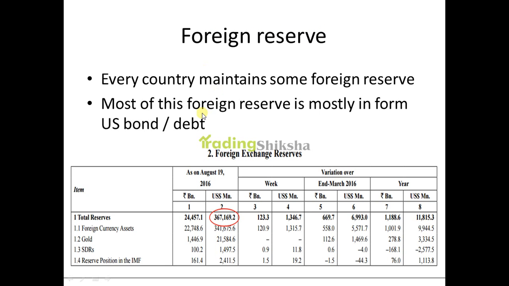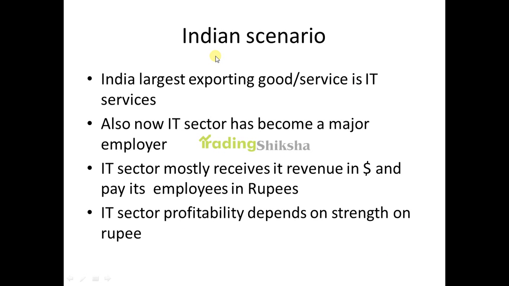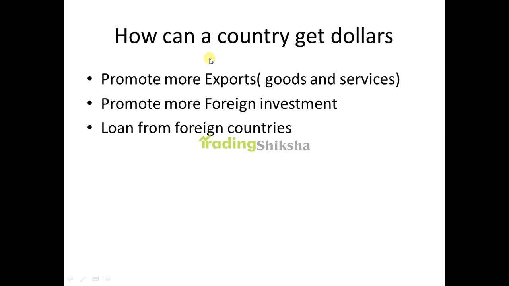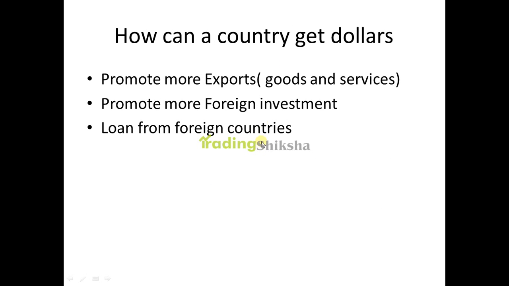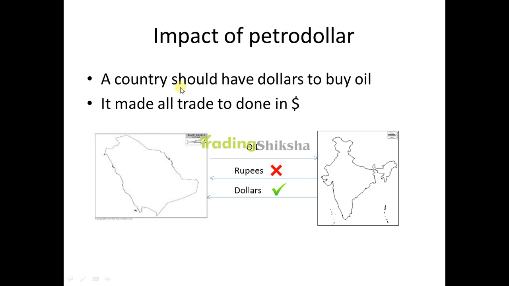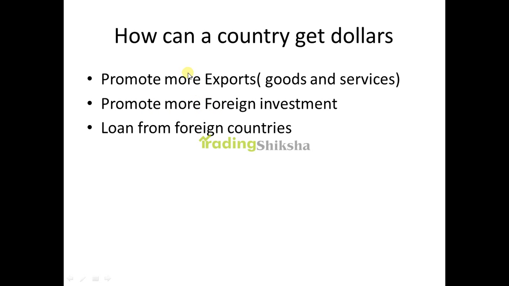So you can just connect the links again. You saw that due to this pact, the petrodollar, oil was sold in dollars, and due to this all international trade was also done in dollars, and so all countries needed dollars. To get dollars, all countries needed to promote their exports.